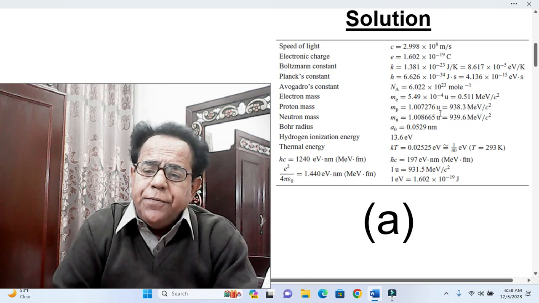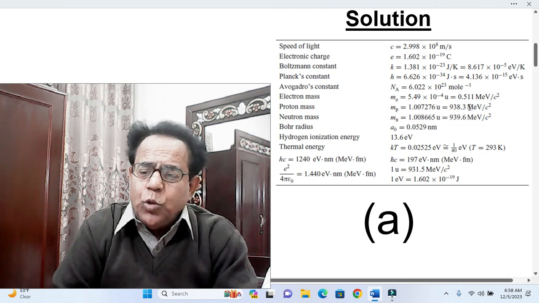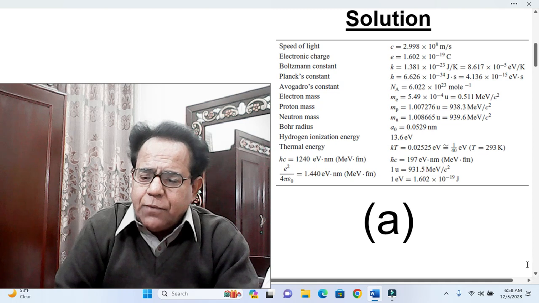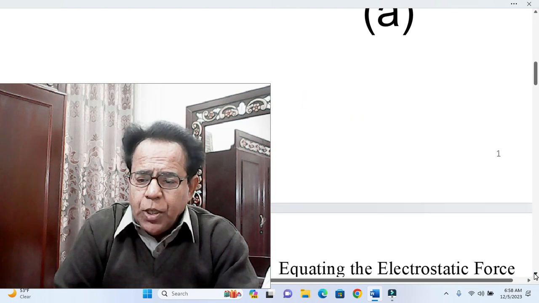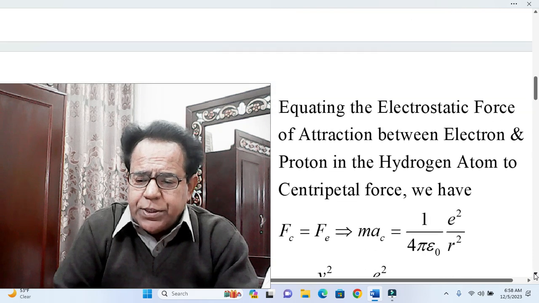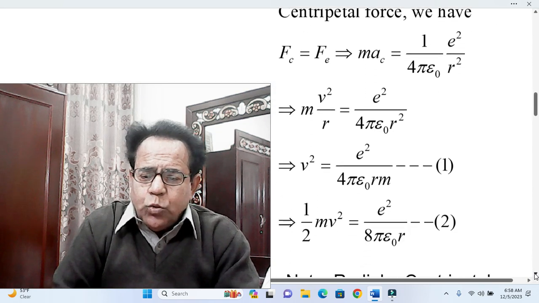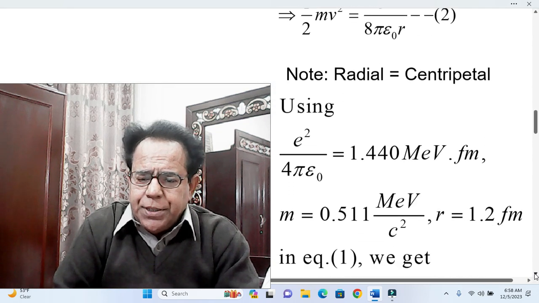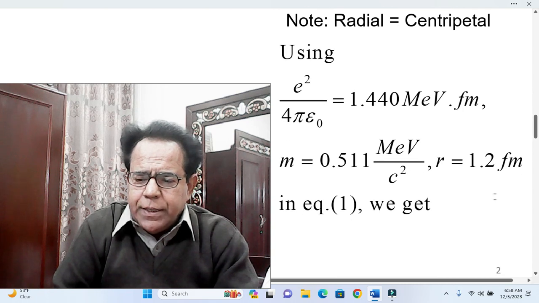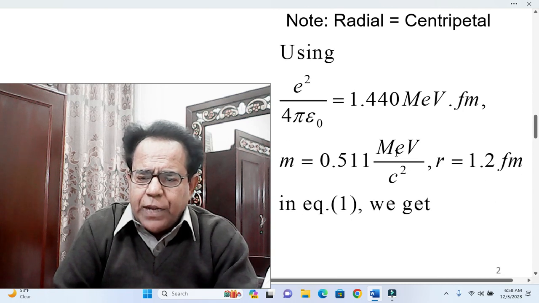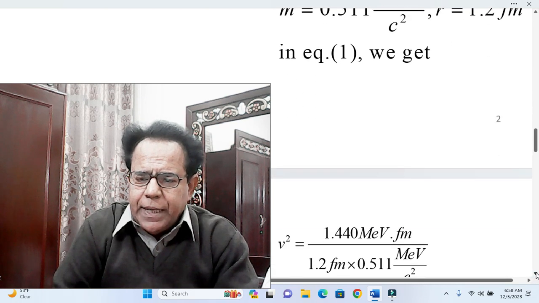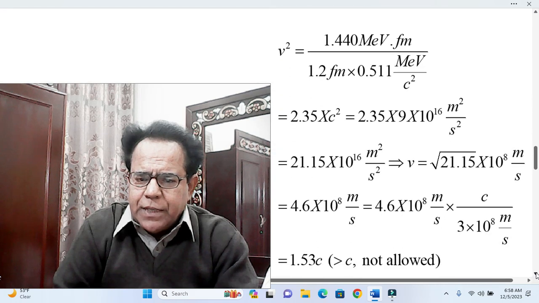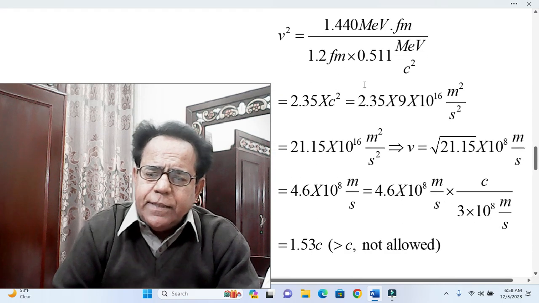We are going to use this value 0.511 million electron volt over c square. So dear students, two values we have chosen from the table and the third value is provided in the statement. When we use these three values in equation number 1, the remaining part will be just simplification. Okay, v square equal to this.